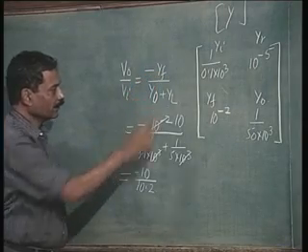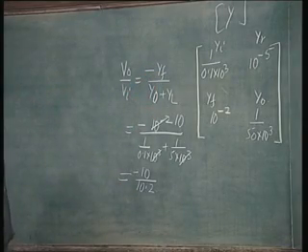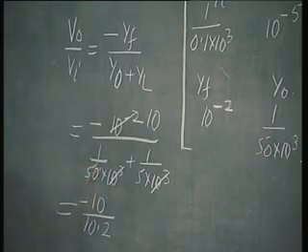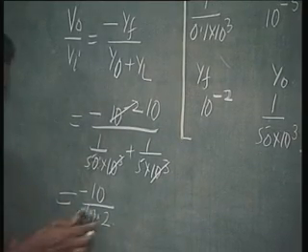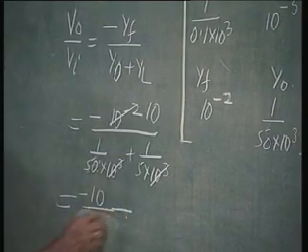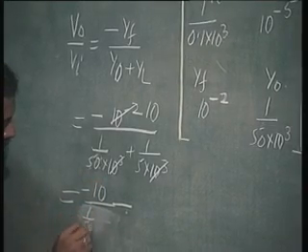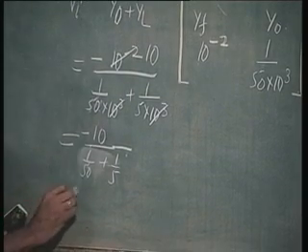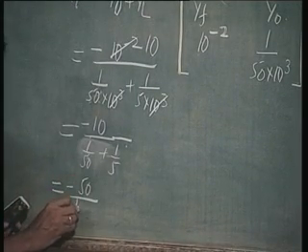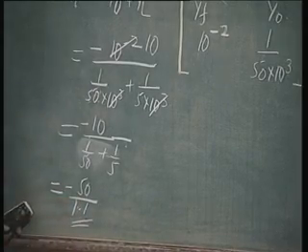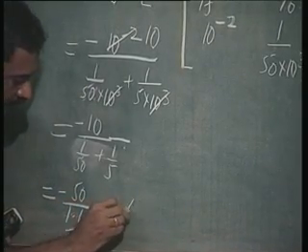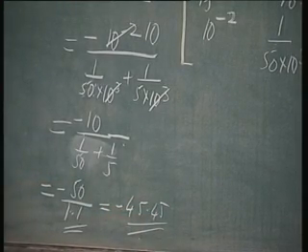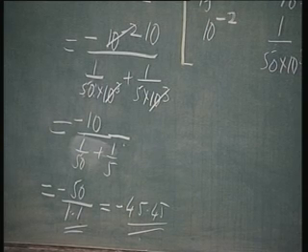Minus YF by Y0 plus YL. That comes out as minus 50 by, 1 by 50 plus 1 by 5, which is minus 50 by 1.1, which is minus 45.45. So, this is the voltage gain.